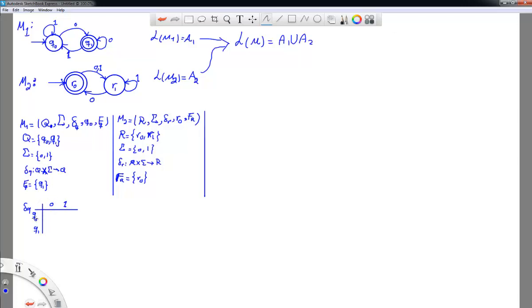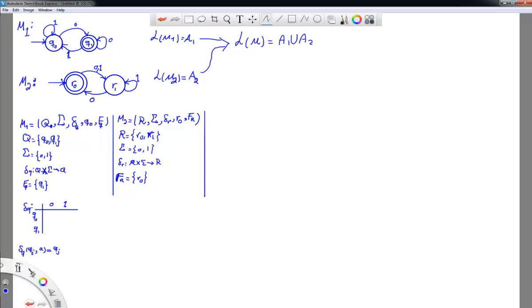So the model of computation for this device is that delta sub Q on some Q sub i, comma, some element, it's going to be some Q sub j. So that is how this computation works.